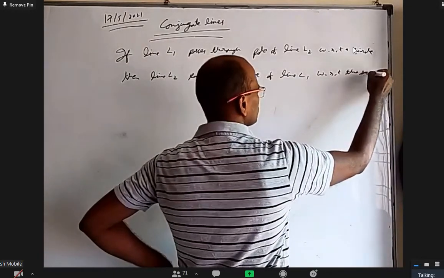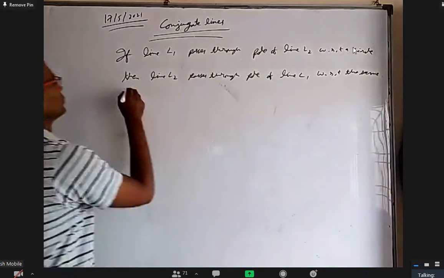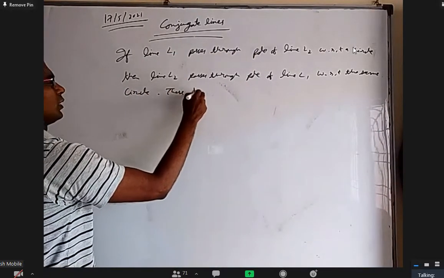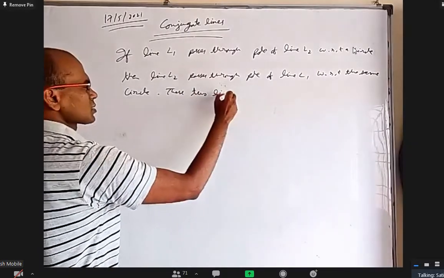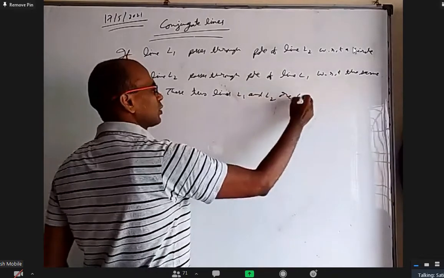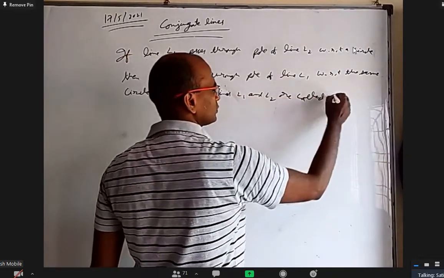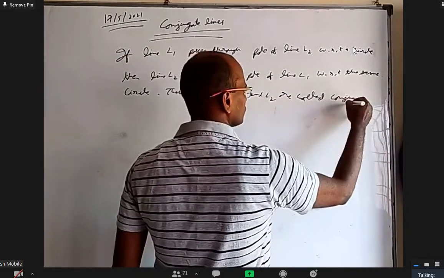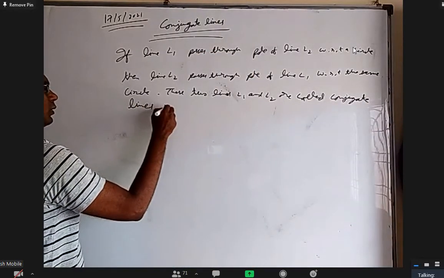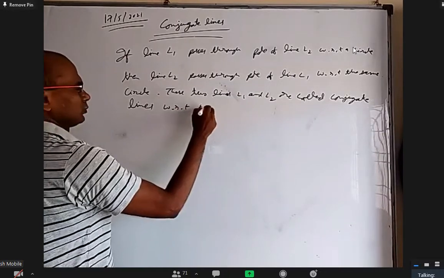The same. These two lines L1 and L2 are called conjugate lines with respect to the circle.